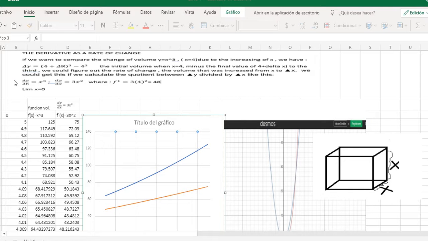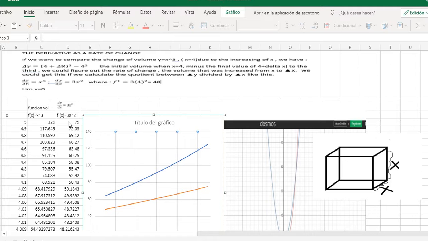For instance, delta y divided by delta x equal x to the third power, and then this expression is the same as we have the derivative of y with respect to x, and if we derive this, we have the next expression, that is 3x squared.